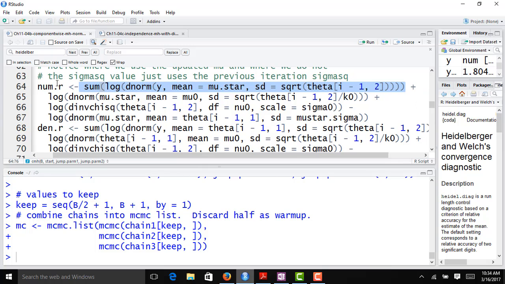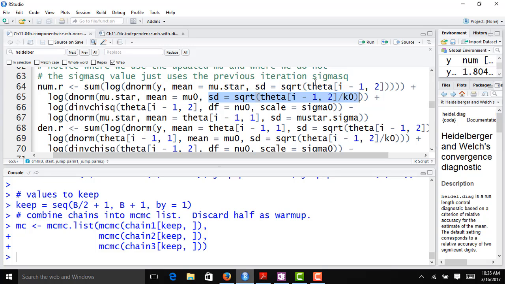And then I need to add to that the log density for the conditional prior distribution of mu conditional on sigma squared. And so I have the log and then the normal density. It's evaluated at mu star, the value I just sampled for mu. And then the mean of that prior distribution was mu naught. The standard deviation, remember, was conditional on the known value of sigma squared.